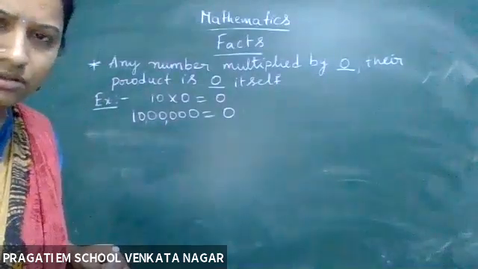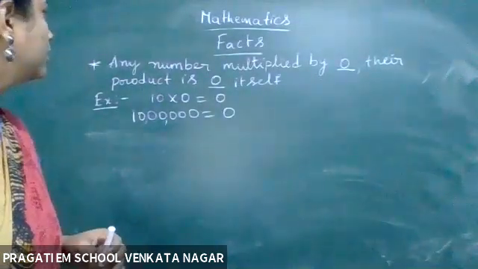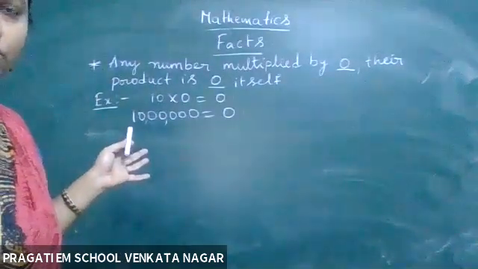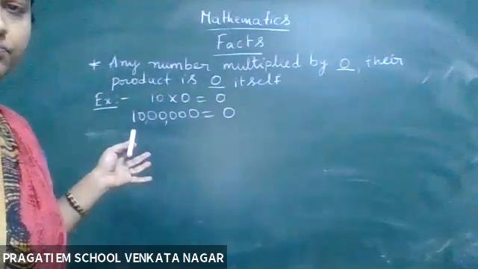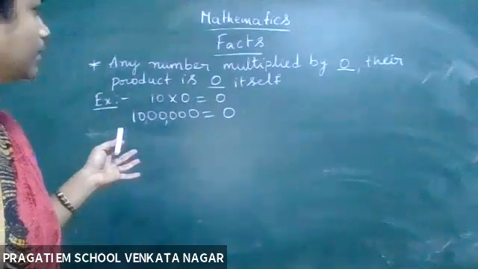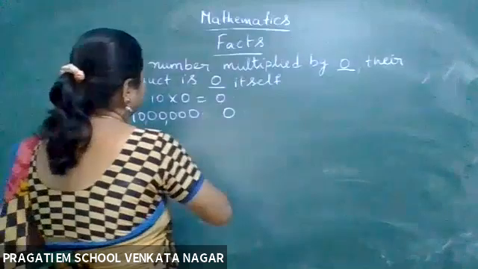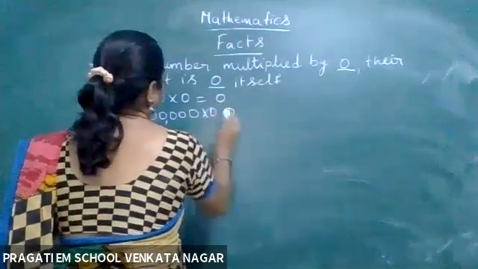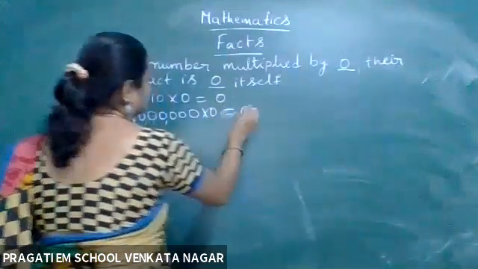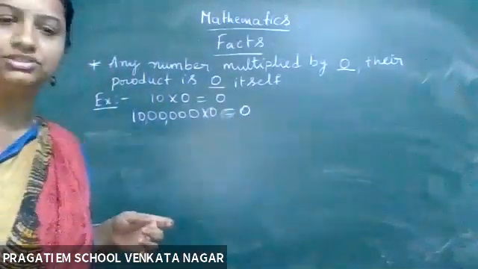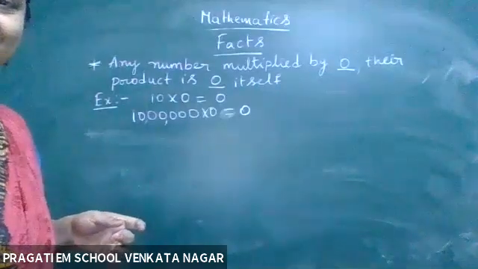Ma'am, what is the second example? Which second example, the one on the board at present? Ma'am, that is 10 lakh multiplied by 0. Very good. Thank you, ma'am.